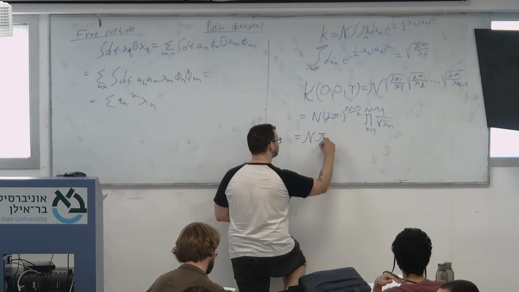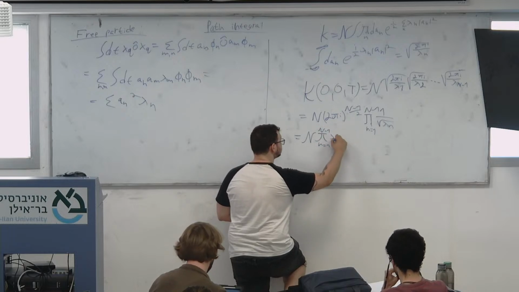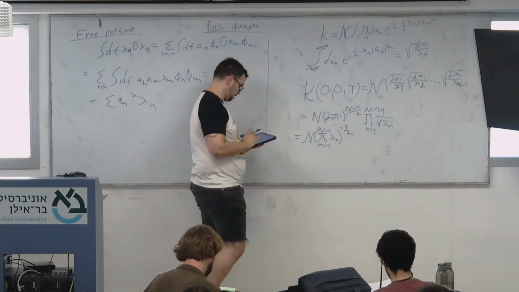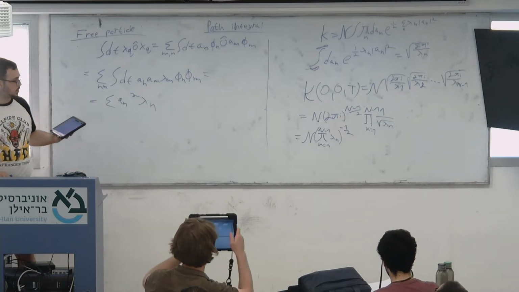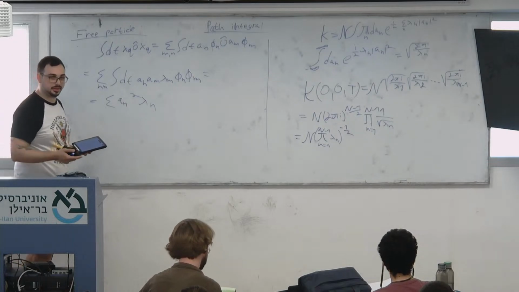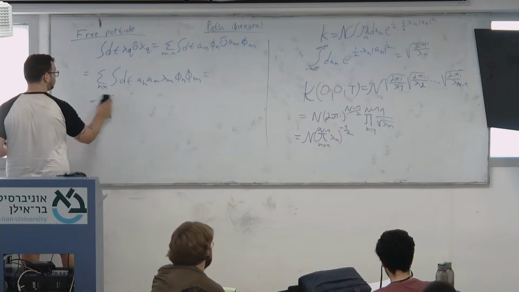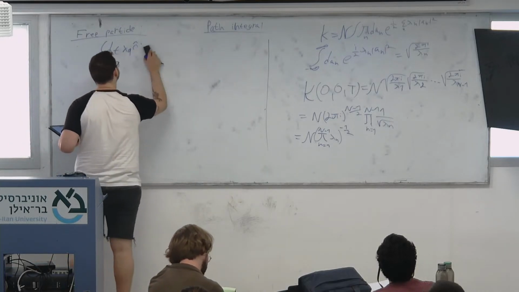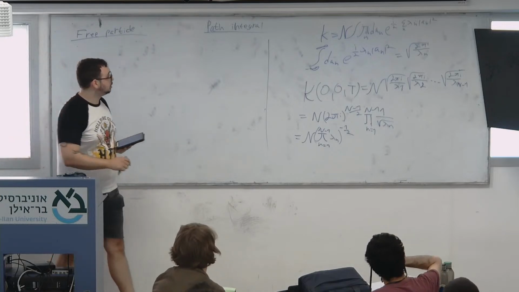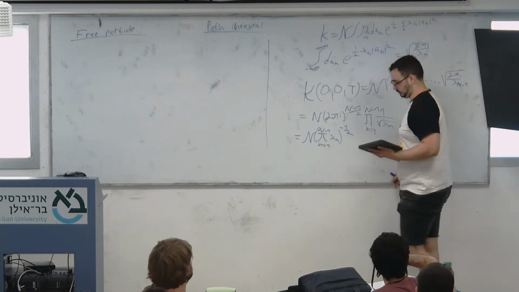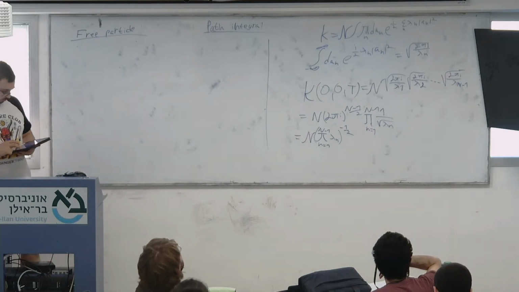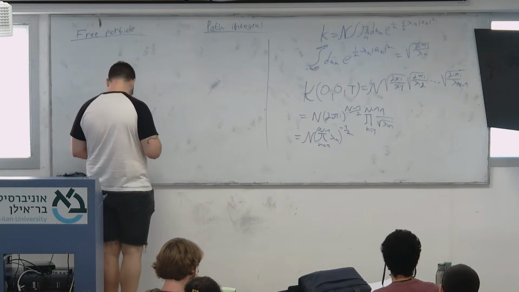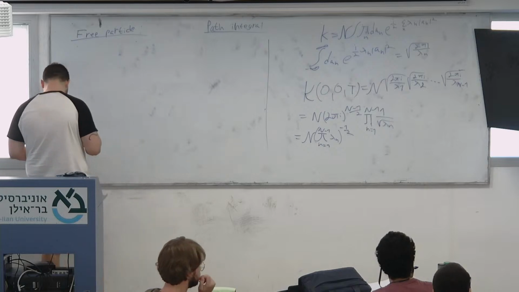Of course, there's also like times the exponent of the classical solution, which I didn't write down. It's 2 pi I, not pi I. Okay.